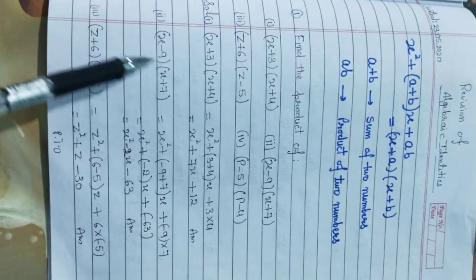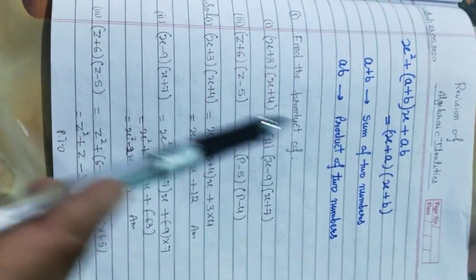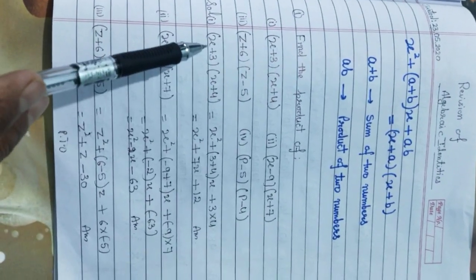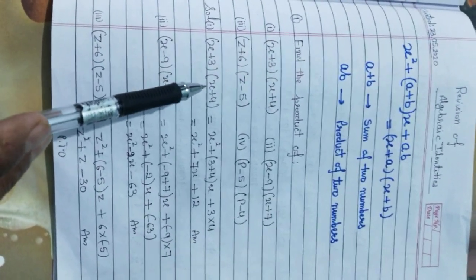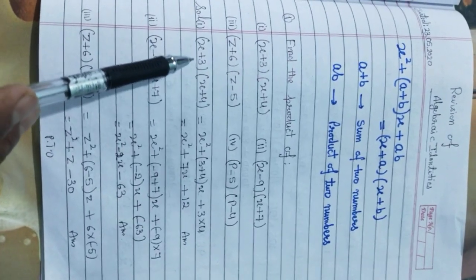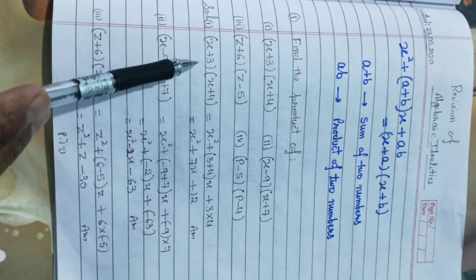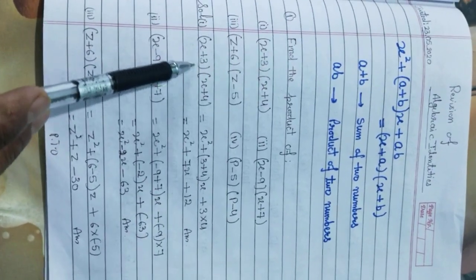Find the product of (x plus 3) into (x plus 4). How can you use the identity? Now this algebraic expression is given in the form of the fifth identity. Here the variable is x, and a and b are plus 3 and plus 4.